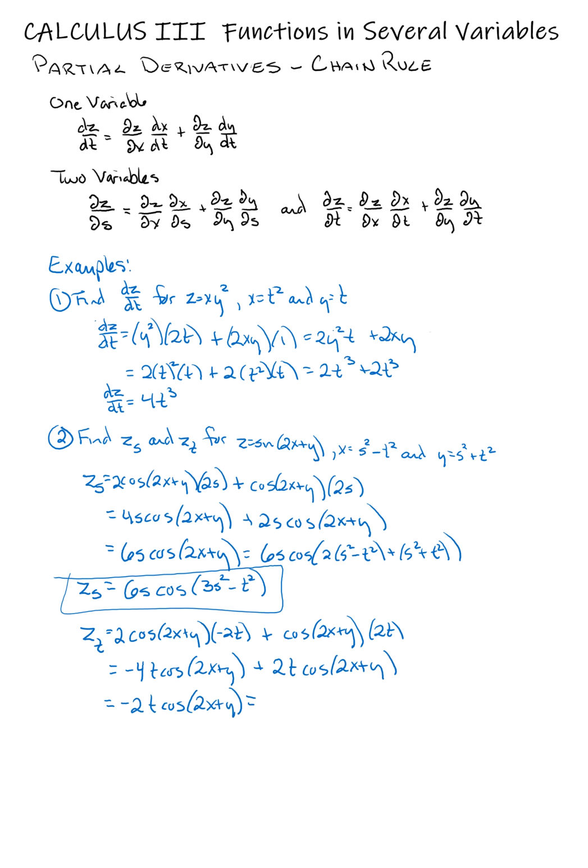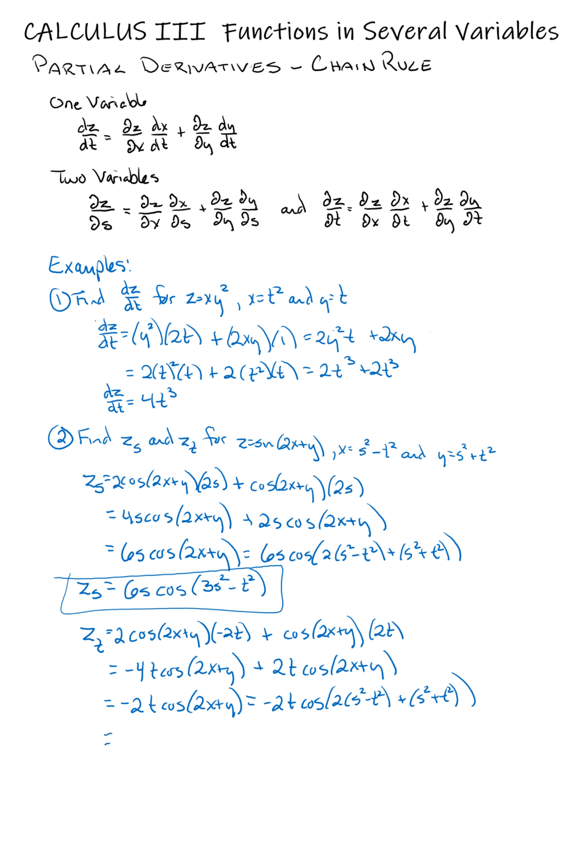Use our substitution for x and y. Negative 2t cosine of 2 times s squared minus t squared plus s squared plus t squared.